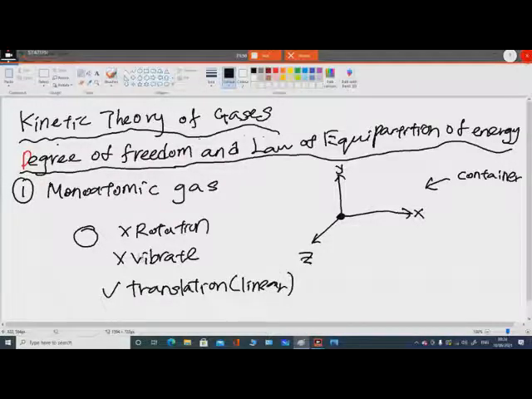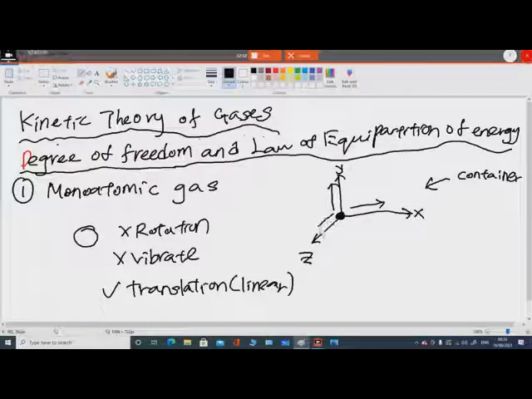So there are three possible directions in which the gas can move, which are the x direction, the y direction, and finally the z direction.